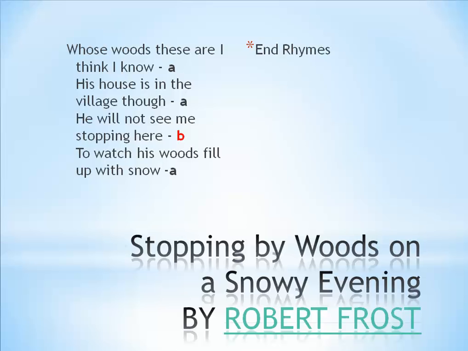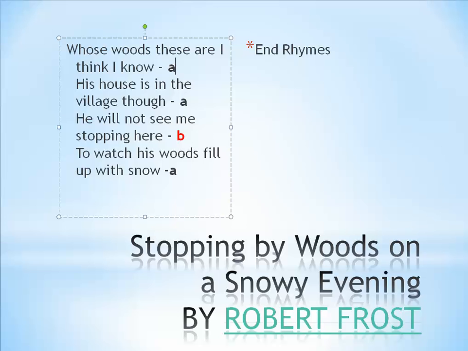Let's take a look at what I mean. Whose words these are, I think I know. No ends that line. So we'll say we're going to start a rhyme pattern, and we'll start it with A. Anything that rhymes with no, we'll say it rhymes in the A pattern.